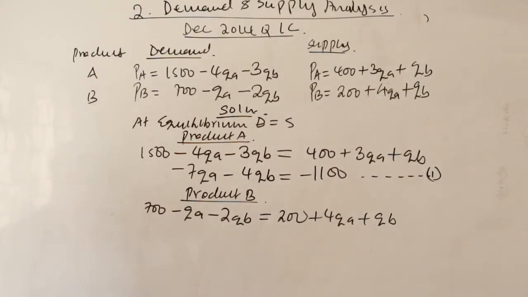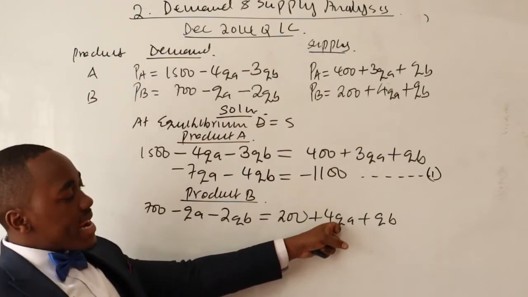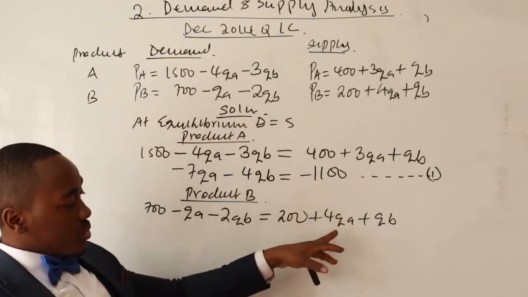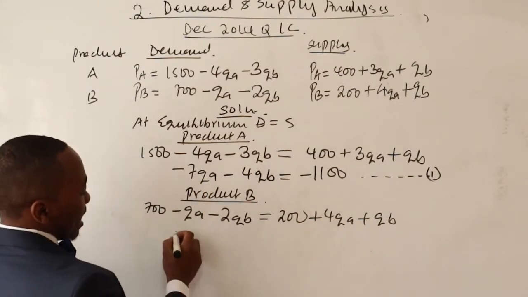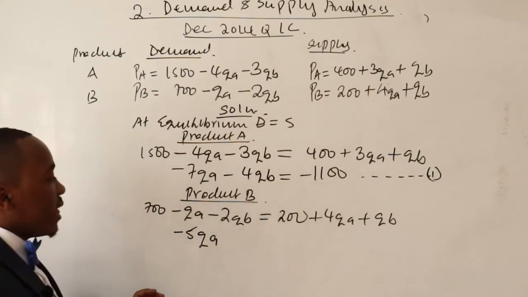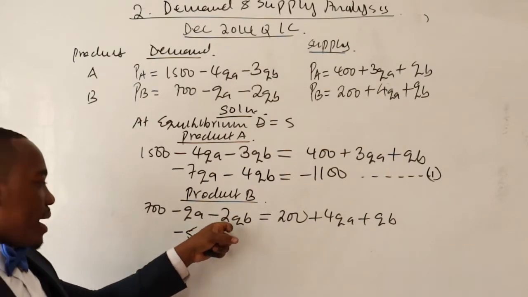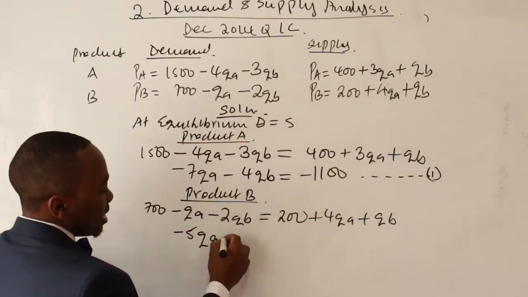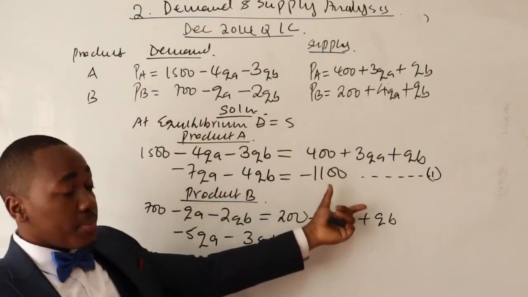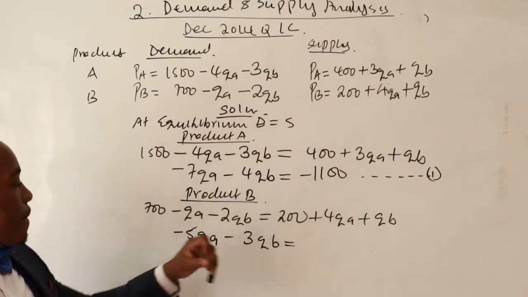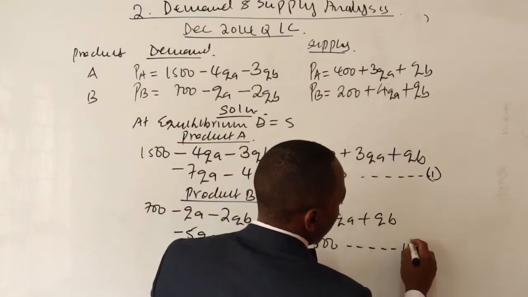Then we bring the like terms together, starting with QA: negative QA minus 4QA gives negative 5QA. Then minus 2QB minus QB gives minus 3QB, is equal to 200 minus 700, which is negative 500. Call this equation number 2.